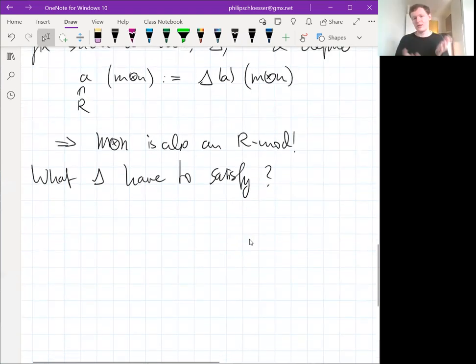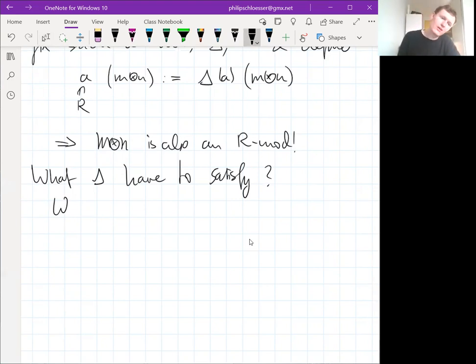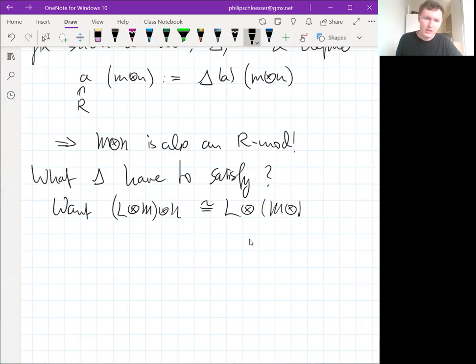And well, I guess one elementary thing we would always like to have is that if we have not 2 but 3 R-modules, L, M, and N, then we want brackets not to matter. We want this tensor product to be associative, at least up to some canonical map.